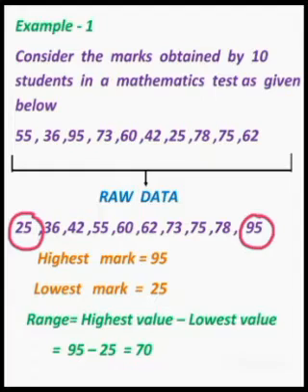To understand better, children, let us take one example of how to present the data. Let us take the first example. Consider the marks obtained by 10 students in a mathematics test as given below: 55, 36, 95, 73, 60, 42, 25, 78, 75 and 62.